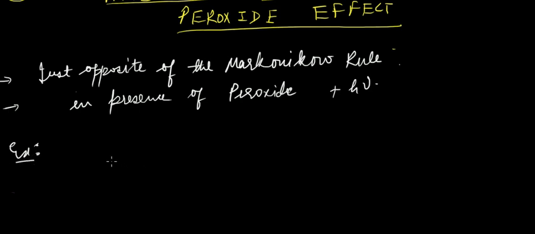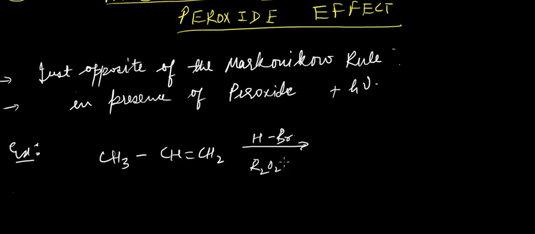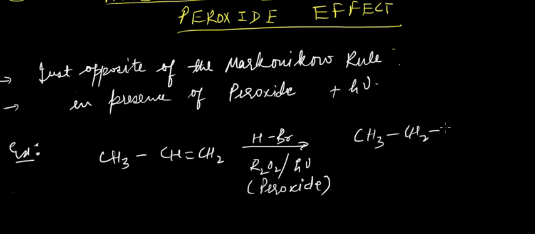So let's take some examples on the same. If we have something like HBr in presence of peroxide R2O2 and H nu, then what would be the product formed? The product would be something like this.